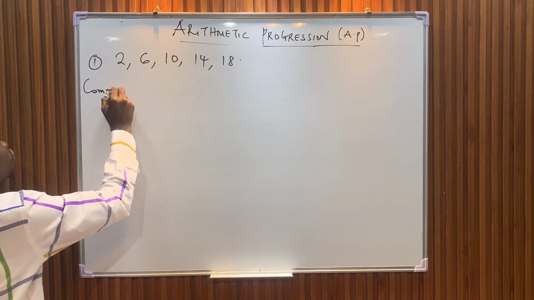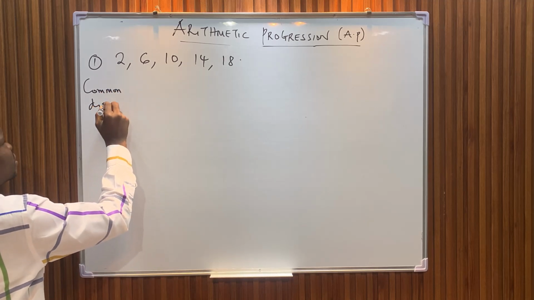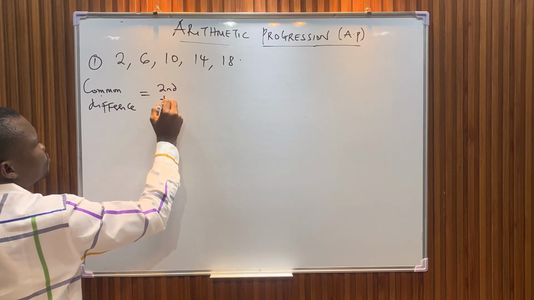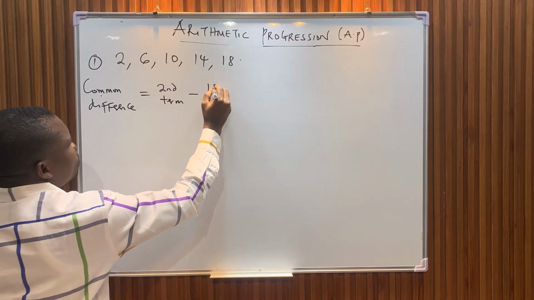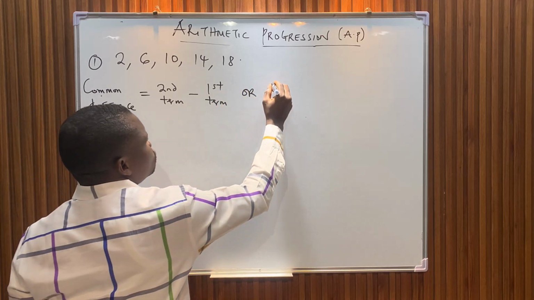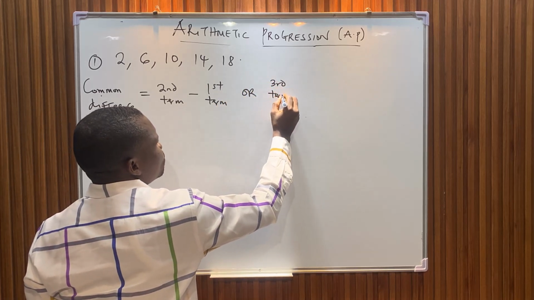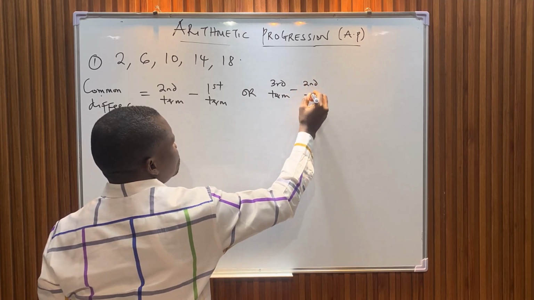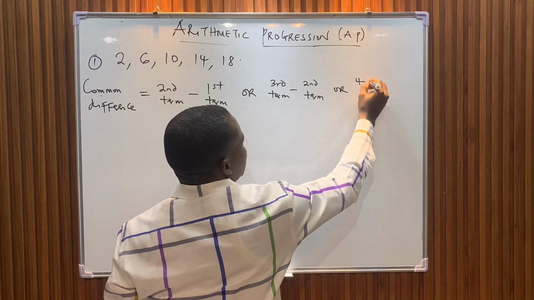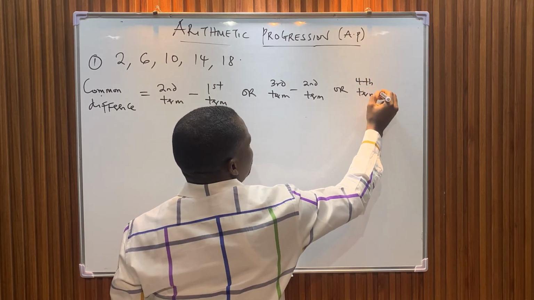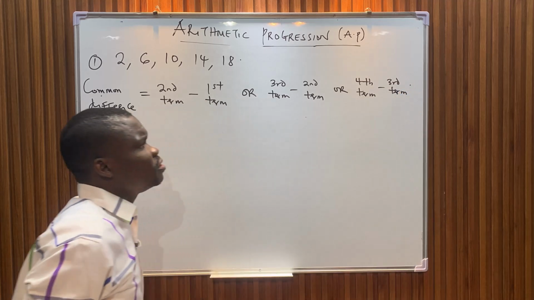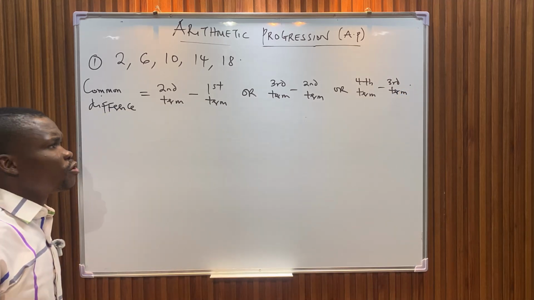I want you to remember, note, the common difference is given by the formula second term minus first term, or you can say third term minus second term, or you can say fourth term minus what? Third term. So that's the formula for finding the common difference of an arithmetic progression.